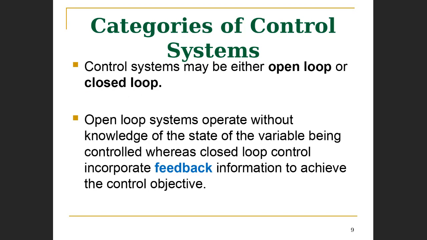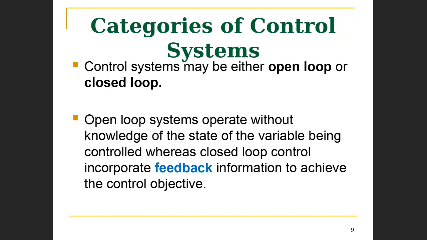So right now I'm going to begin to look at categories of control systems. Categories of control systems help us to better understand control systems and to discuss them in a meaningful way. So right now we're going to be looking at two categories: open loop and closed loop systems.